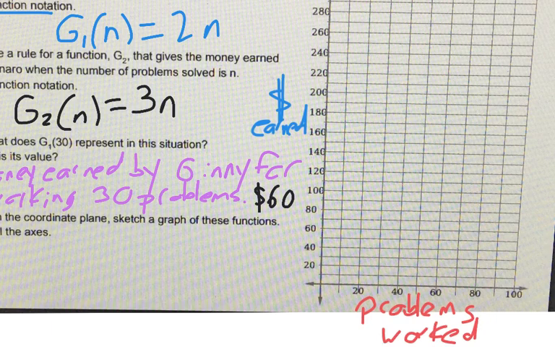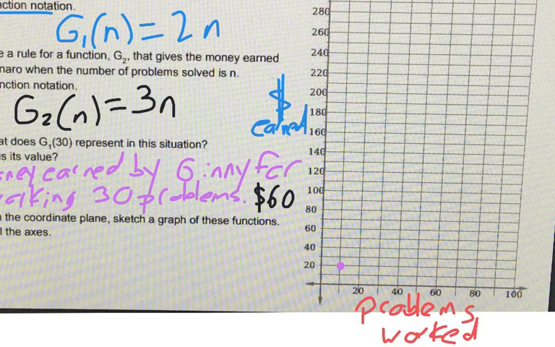What does each one of these lines represent? The x's. Like what's this value here? 10 and then 20, 30, 40. So if Jenny worked 10 problems, how much money did she make? $20. So I would go to 10, 20, and plot a point.